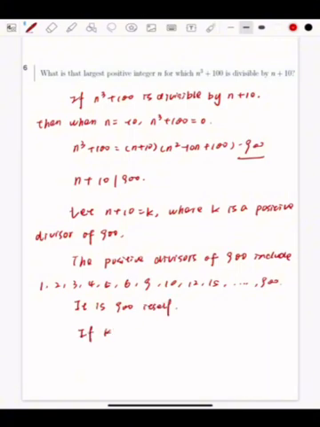And if k is 900, okay, we know this formula, and then we can find the n value. The value of n is 890. Okay, so the largest positive n, this one, the answer is 890.